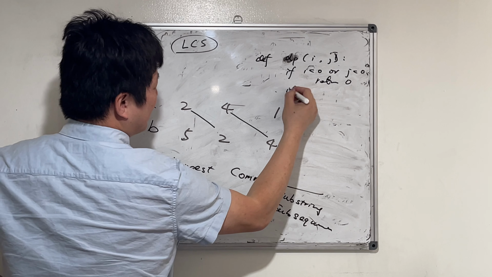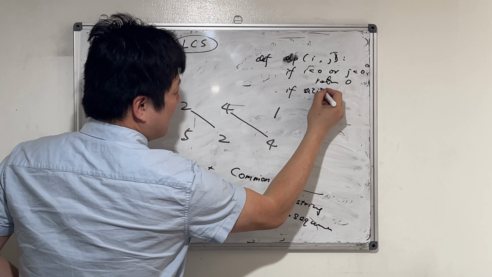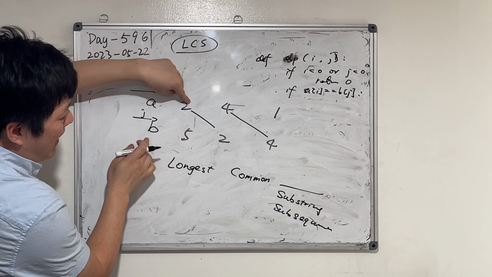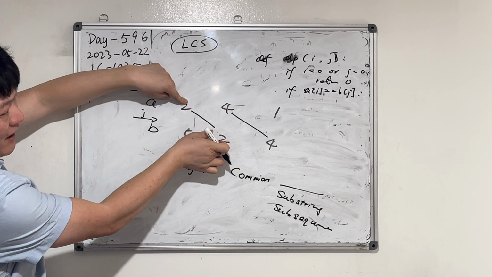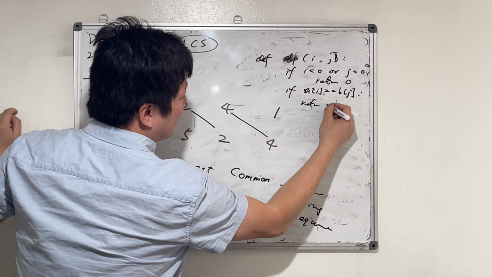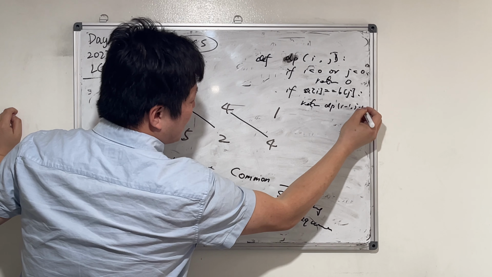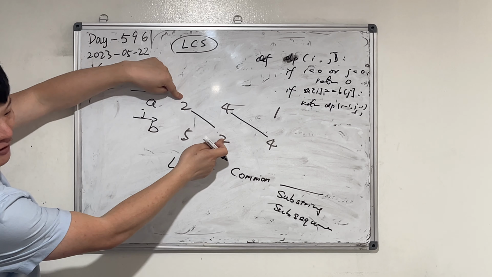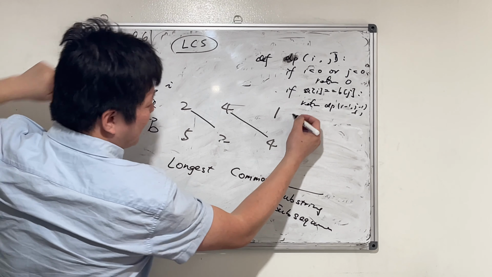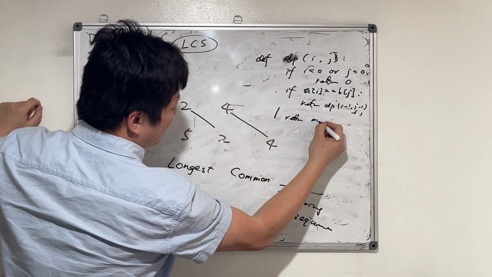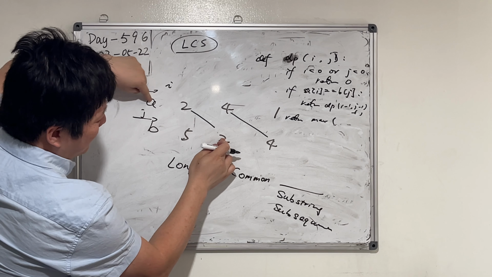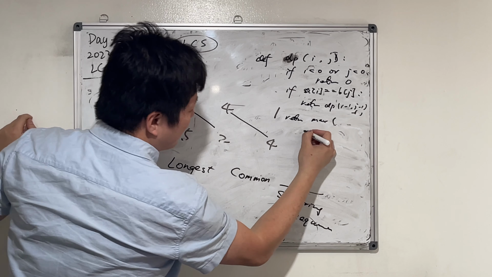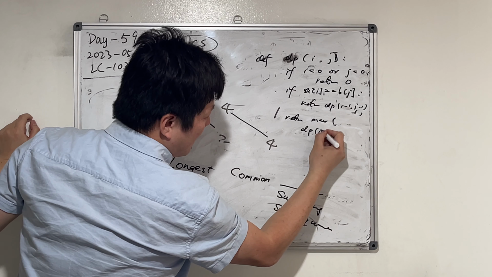Otherwise, if a[i] equals b[j], then I can put a line between them, so the answer will be dp(i-1, j-1) plus 1, because we found a match. If not, we return the maximum of two cases: dp(i-1, j) or dp(i, j-1).